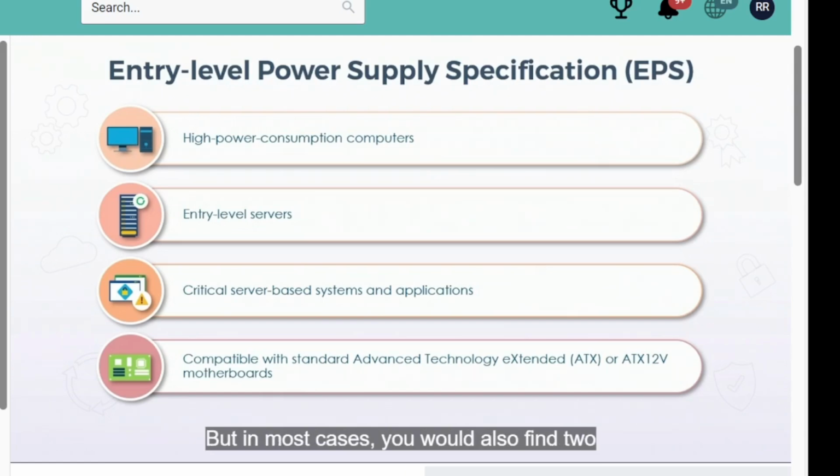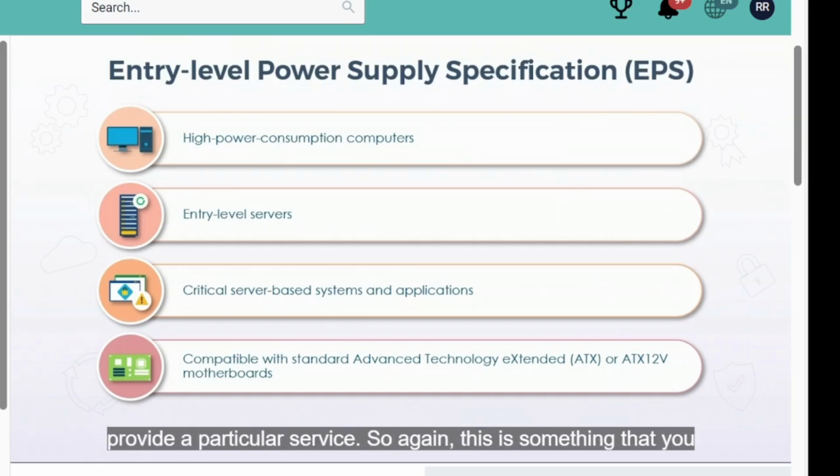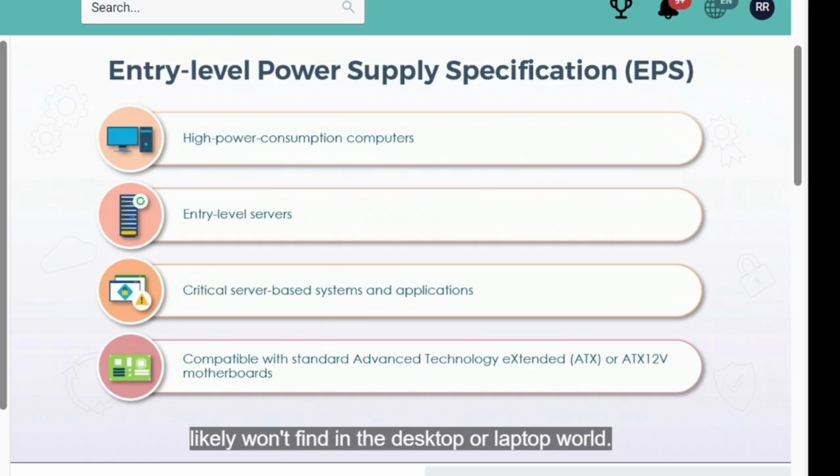But in most cases, you would also find 2 additional 4-pin connectors for the motherboards that do have higher power requirements. For example, if there are multiple CPUs on the board, or there are specific expansion devices installed that provide a particular service. So again, this is something that you likely won't find in the desktop or laptop world, but if you do start working with entry-level servers, you might certainly find that EPS power supply.